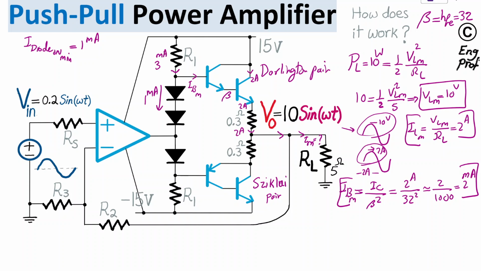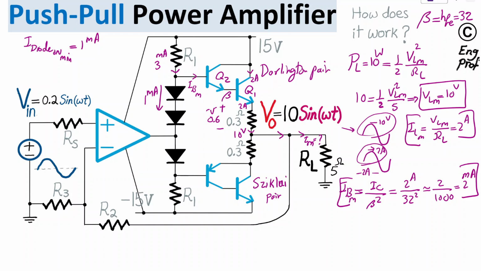And let's also examine the voltage drop. We have 10 volt at the peak across the load, so the voltage here is 10 volt. Then we have 2 amp going through the 0.3 ohm, which results in a 0.6 volt drop. Then we have a VBE and a VBE, each 0.7 volt, for Q1 and Q2.